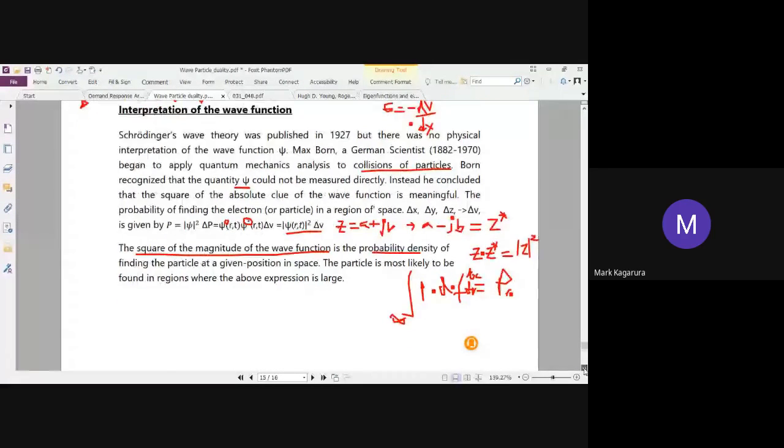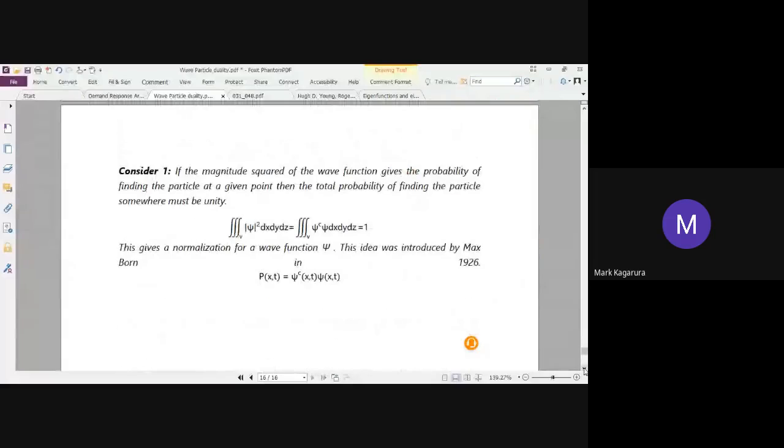So with those few lines, we conclude this section here. I think the symbol in this font is not there, but that should be a psi. Psi times psi over the volume should give it. So this is what we call normalization of the wave function.